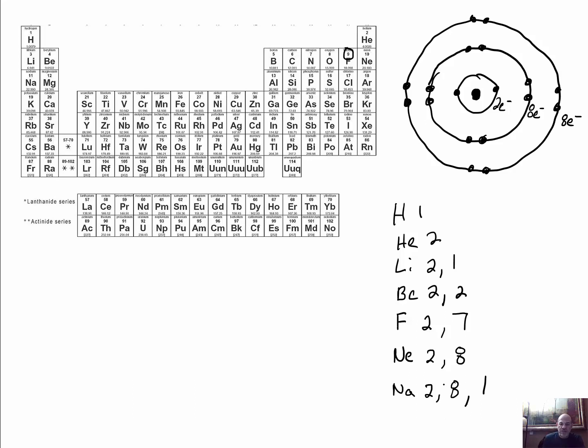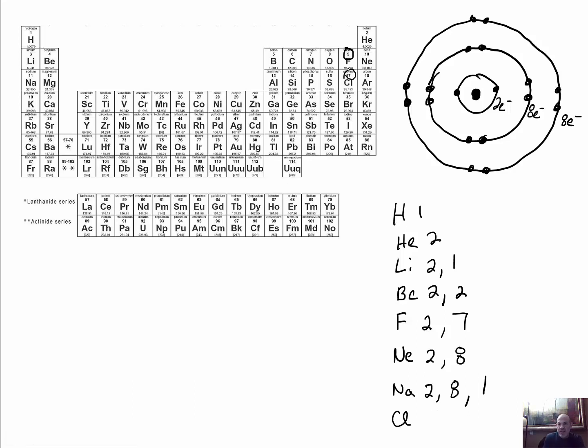Now we're following along here. And we do this for just one more element to see the pattern that we get. Chlorine. Now chlorine is, we're going back to where fluorine was, in the same column over here. Chlorine has 17 electrons altogether because it's going to have 17 protons.